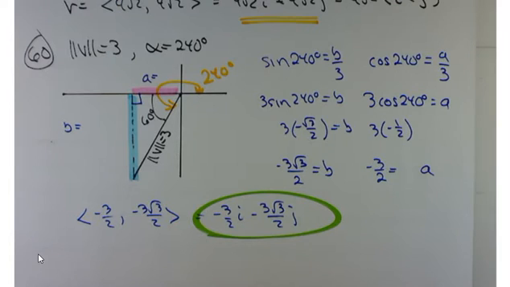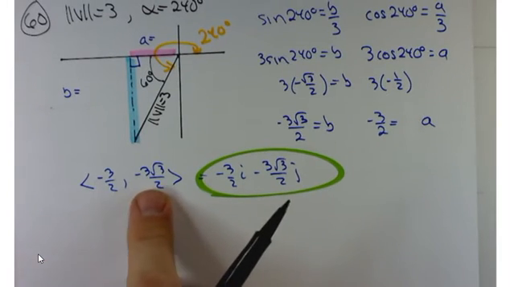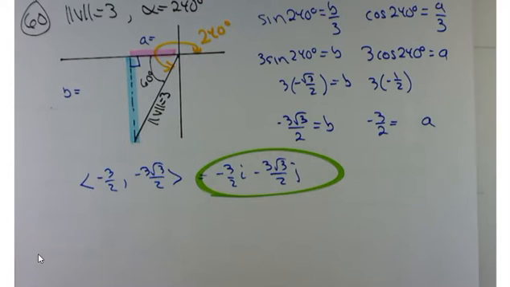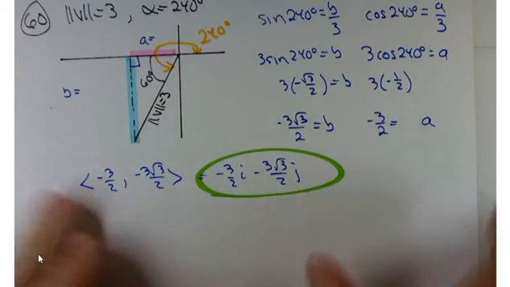Let's do one in the other direction. Let's start out with something like this and come up with its magnitude and direction. An example like that would be problem number 64.